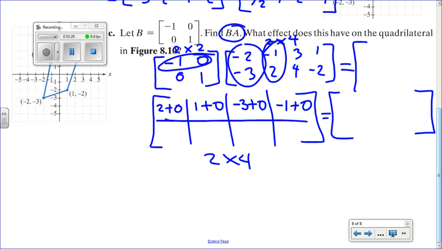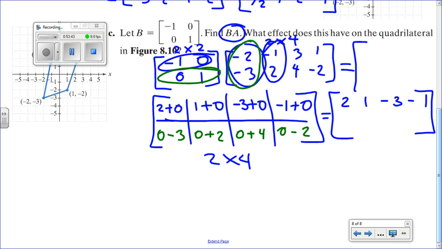So my first row will be 2, 1, -3, and -1. Second row, first column, so that will be 0 minus 3, 0 plus 2, 0 plus 4, and 0 minus 2. So -3, 2, 4, -2.